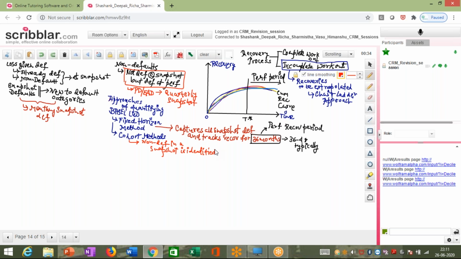So this is precisely one of the frameworks that we can see over here, right?